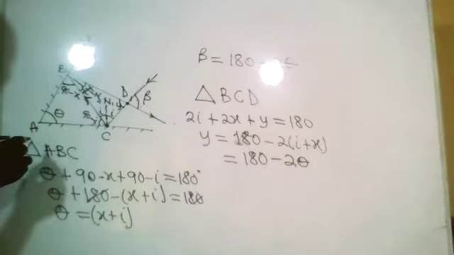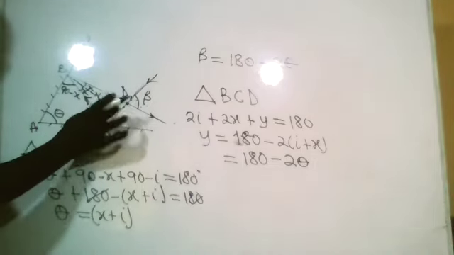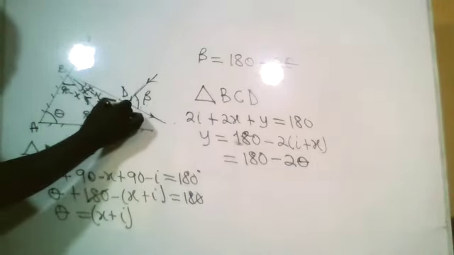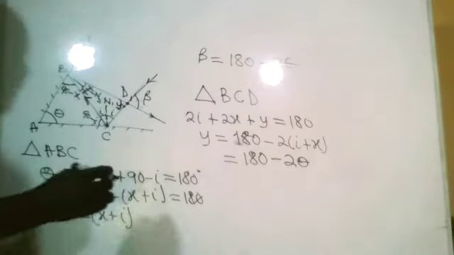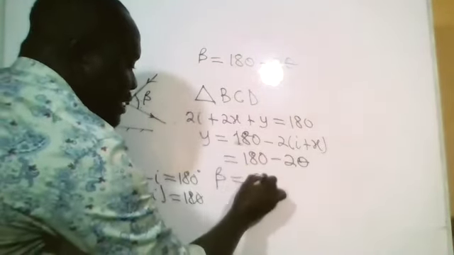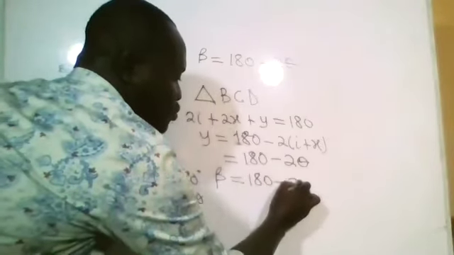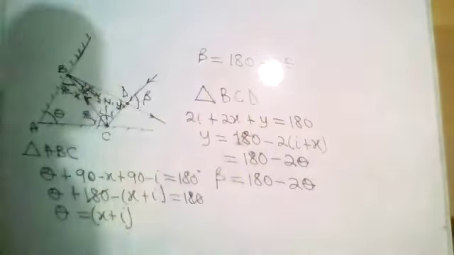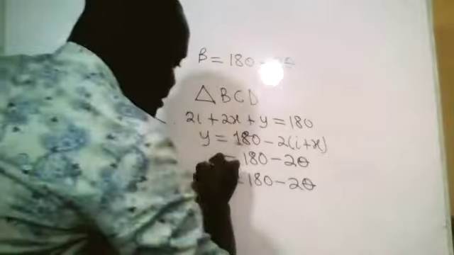By vertically opposite angles, the unknown angle which we are representing by Y is equal to beta. And so we can say that beta equals 180 minus 2 theta. And this becomes the proof.